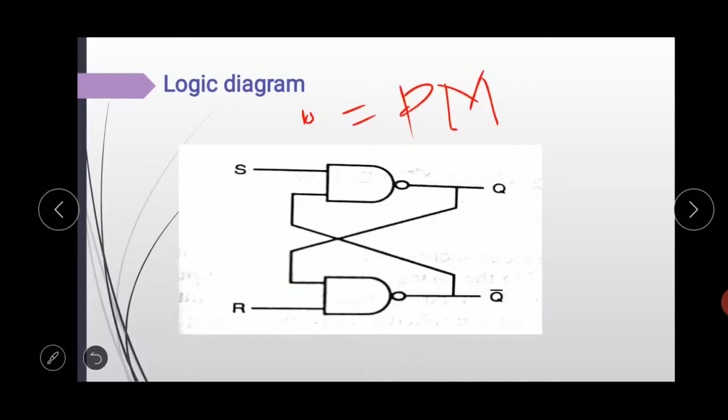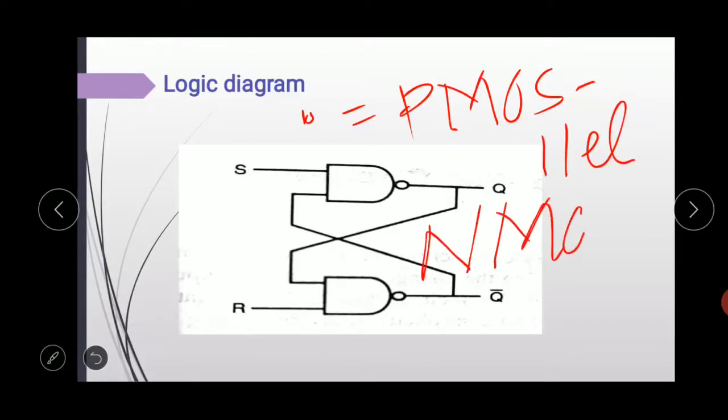For the dot operation, PMOS is parallel and NMOS is series. So PMOS transistors are connected in a parallel connection and NMOS transistors are connected in a series connection.